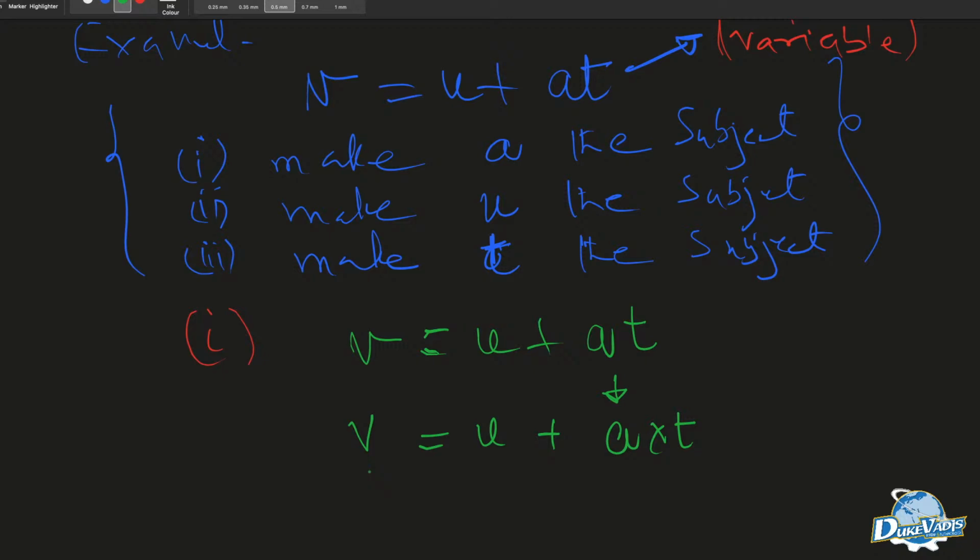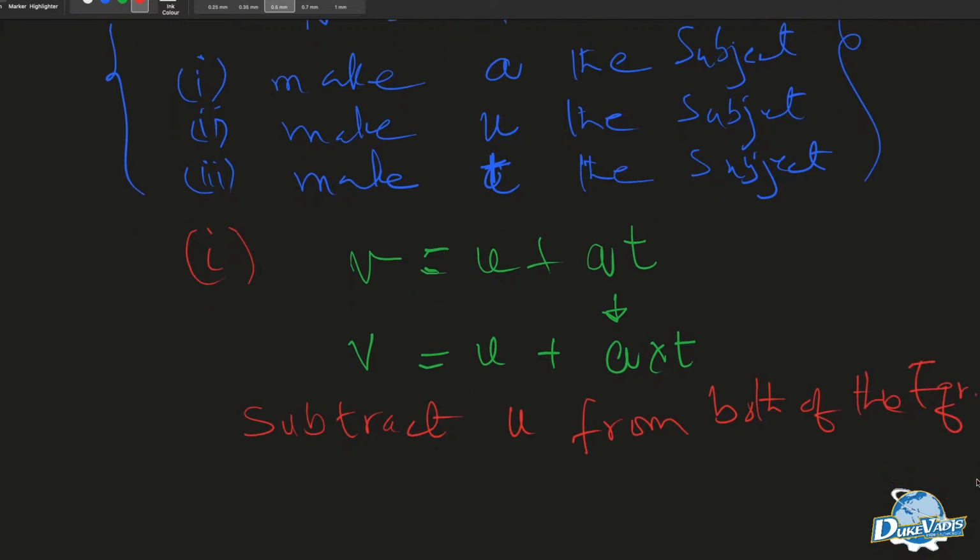So I am going to subtract U from both sides, because we want AT to stand alone so that we can separate the A. So subtract U from both sides of the equation.